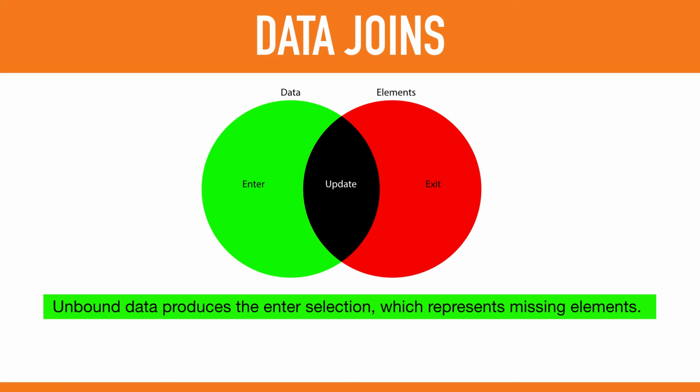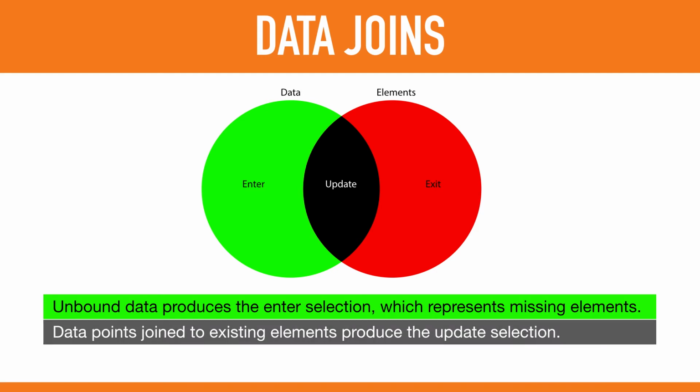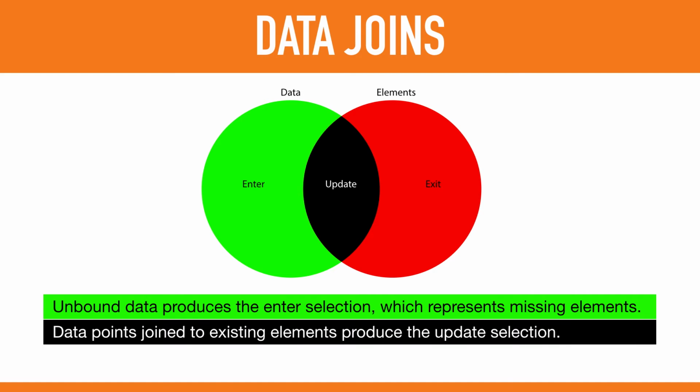Next is the update join, where D3 will detect which elements already have data. So I have 5 sets of data. 3 of them change their values. Maybe I have, I don't know, item 1, item 2, item 3.